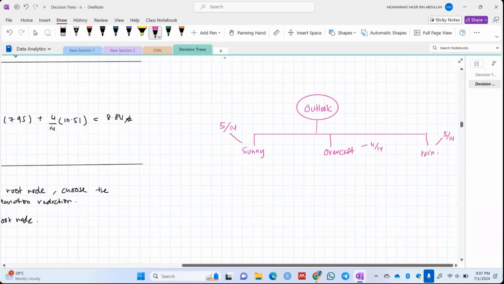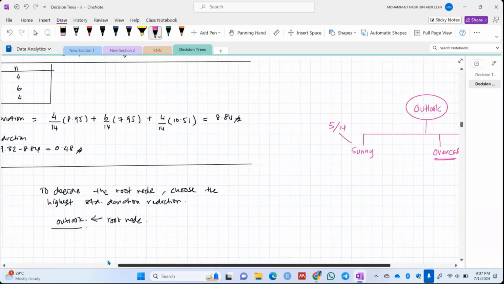Our stopping rule is when the number of observation in that category is less than 5, then kita stop. If more than 5, we need to continue finding the splitting node. So in this case, overcast is less than 5, so then we will look at the data.